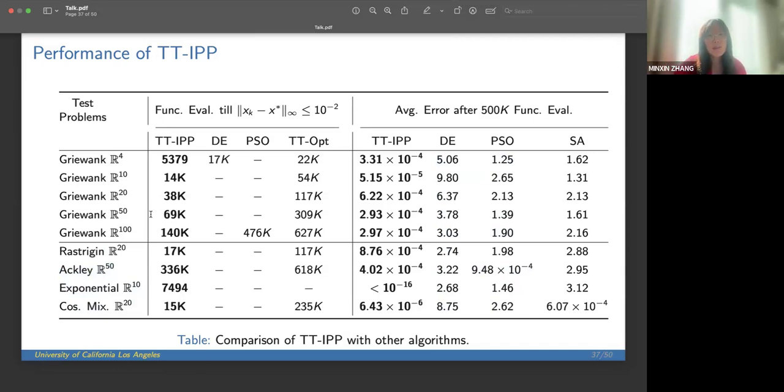You can see that the bold figures show that TT-IPP gets the best performance on this range of experiments on benchmark functions.